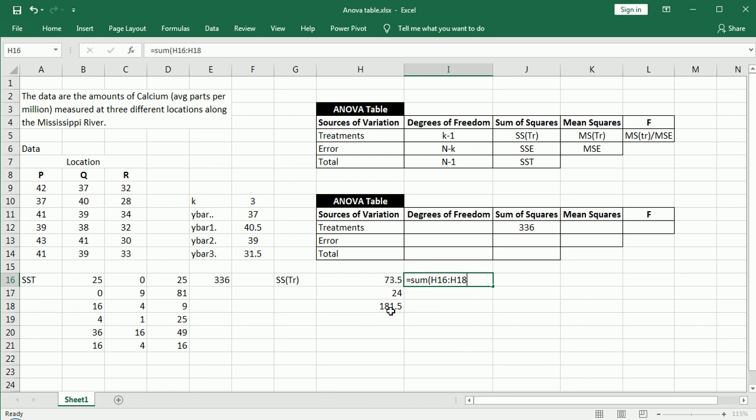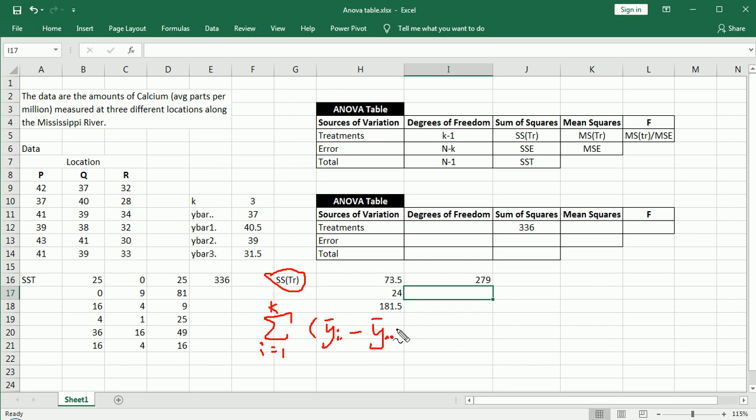So once again, what I forgot to mention in part 1 was the formula for this. Let me remind you what I had. I had the sum from 1 to k. You should see an annotation there, but in case you missed it, I had y bar i dot, which is the mean from group i, minus y bar dot dot, which is the grand mean, squared.